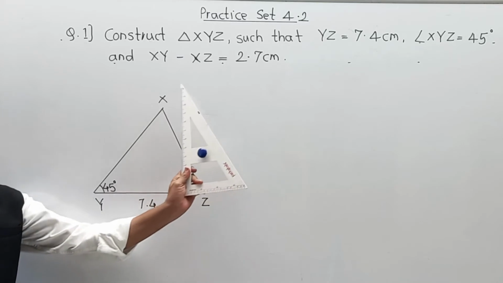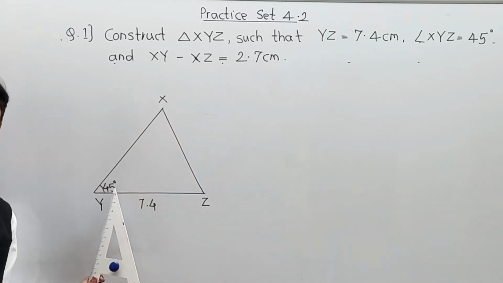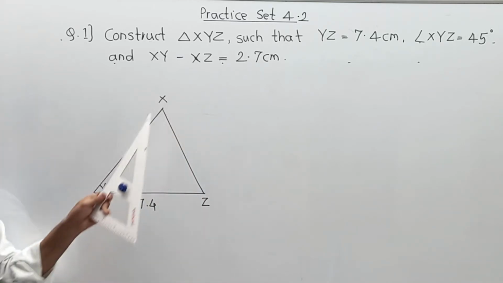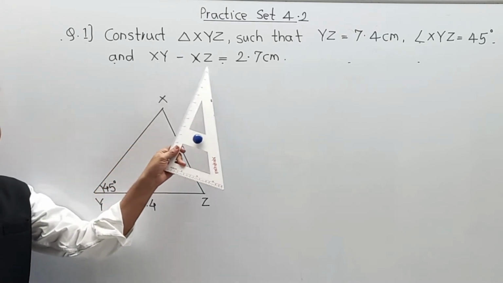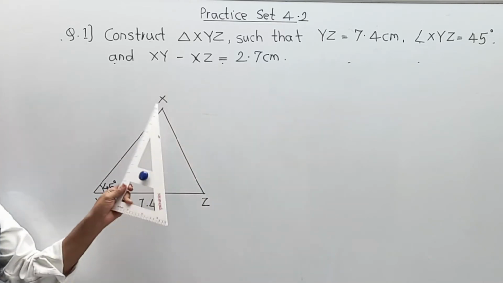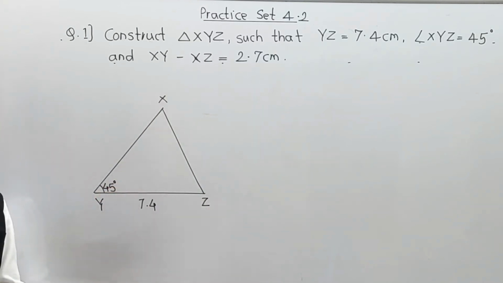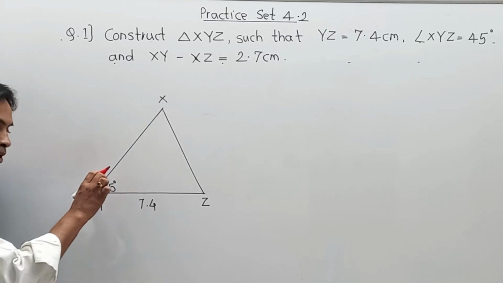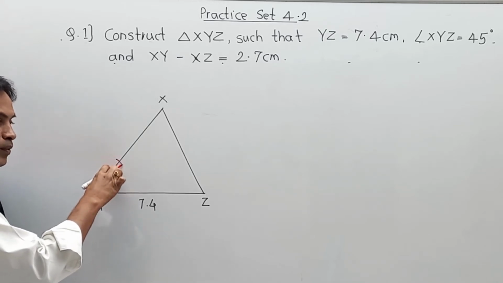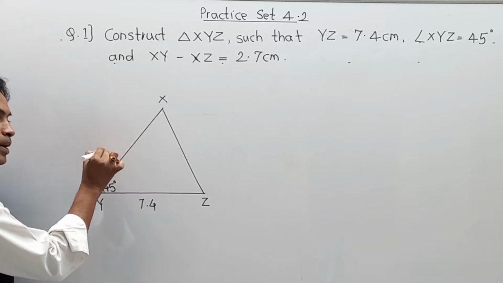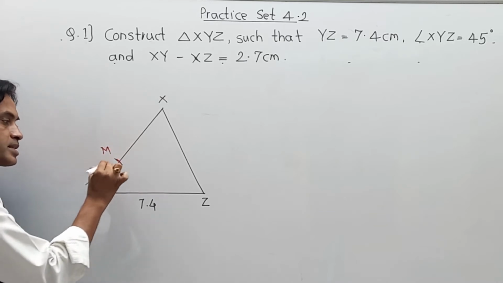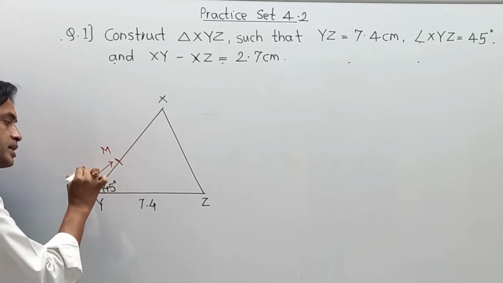From point Y, you draw an angle of 45 degree, and you cannot get the XYZ structure directly. You have to make a mark for XY minus XZ is 2.7 centimeter. From point Y, you have to find one mark, and let us say this point is M, and this distance is 2.7 centimeter.